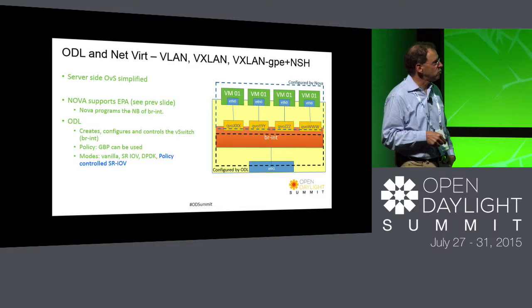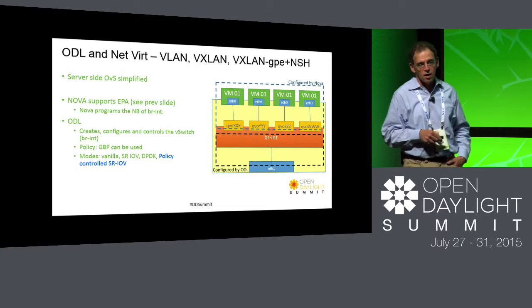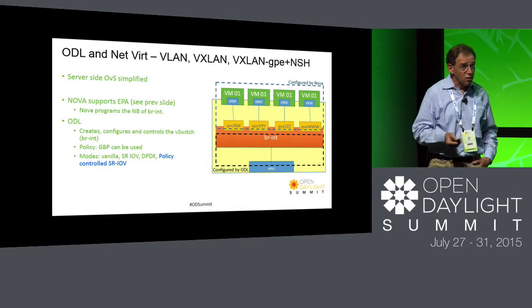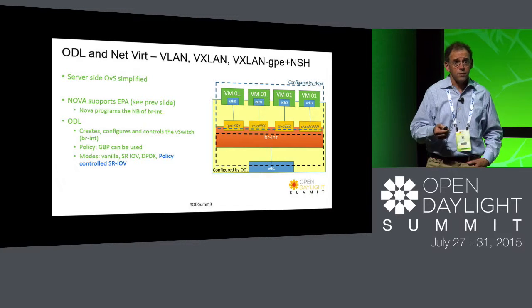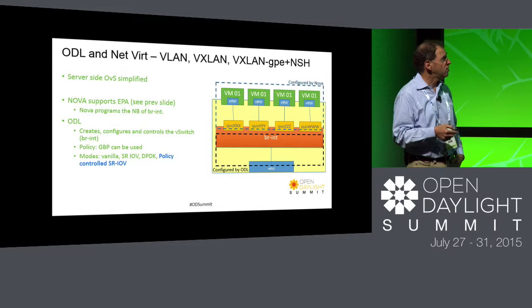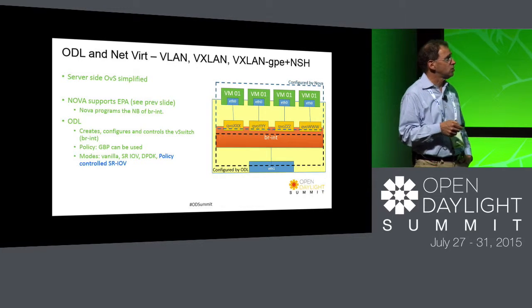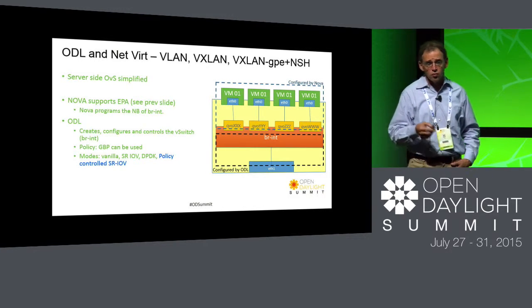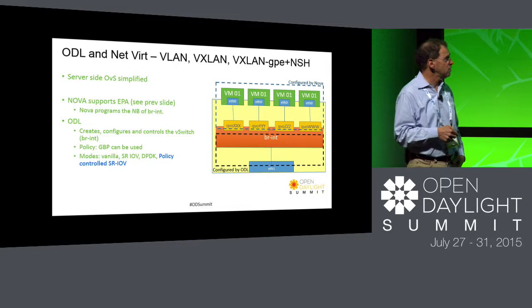ODL now steps into the picture. It needs to control that vSwitch instead of the work that used to be done by the OvS mechanism driver that was not anticipating the use of OpenDaylight underneath that.